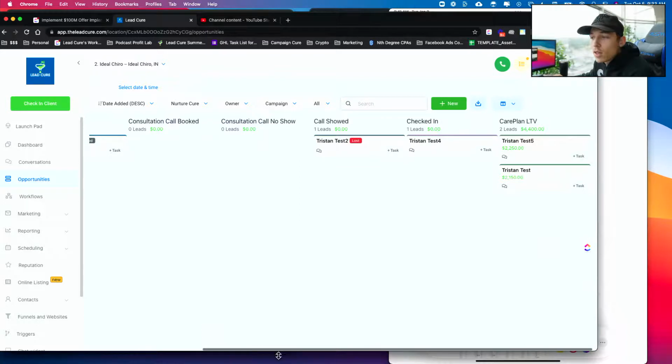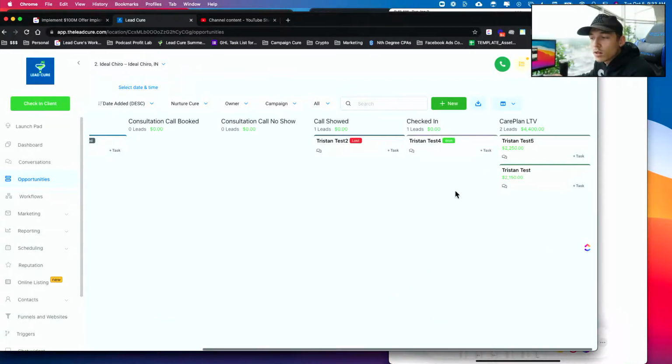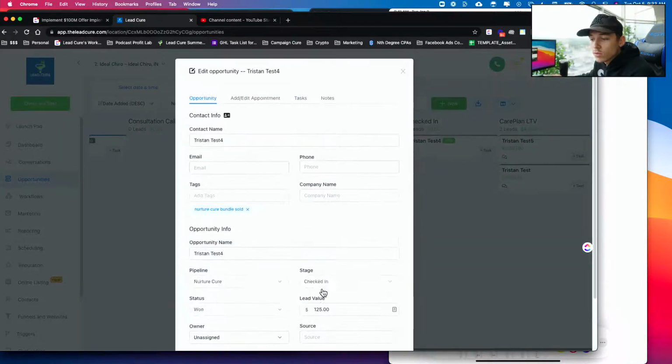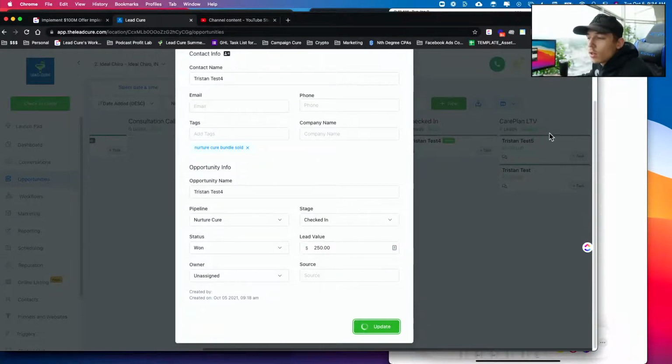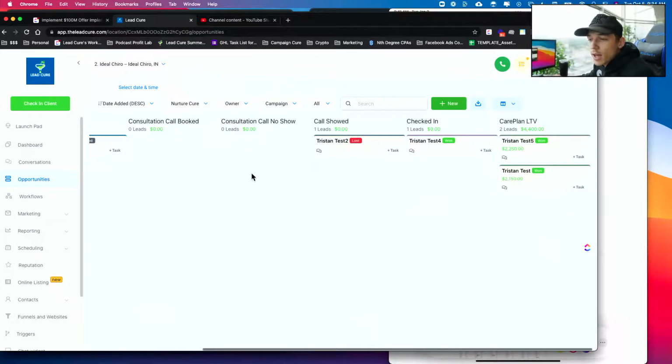Okay, if they checked in though, or if they come into the office, once they get pulled over to check in, they get moved to won, and this would get 250. And this care plan here gets dragged to won. And I'll show you why here in a moment. So now we have abandoned, lost, won, etc.